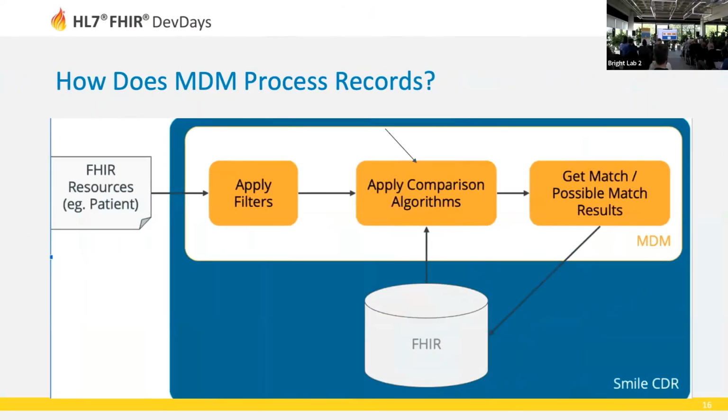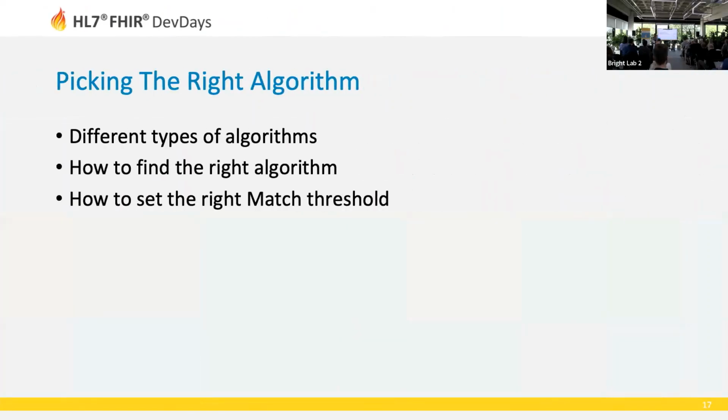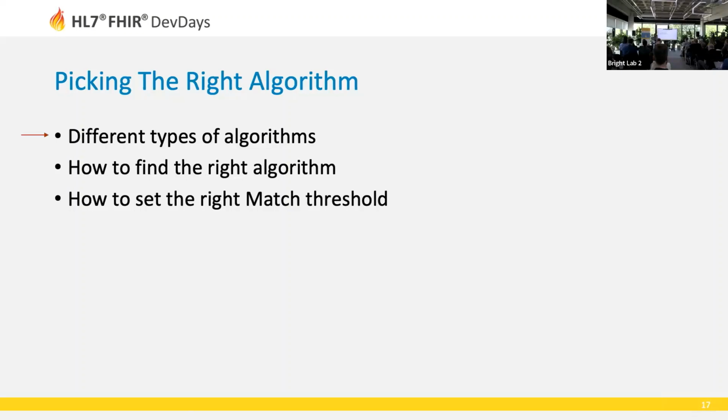Okay. Let's talk about applying comparisons and algorithms. So that's the second stage. Once you define your filters, now you apply comparisons and pick your algorithms. We're going to talk about how to find the right algorithms and how to set the right match thresholds.